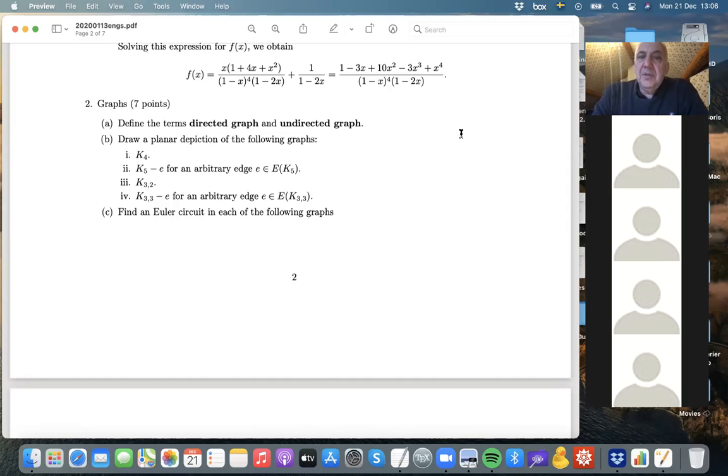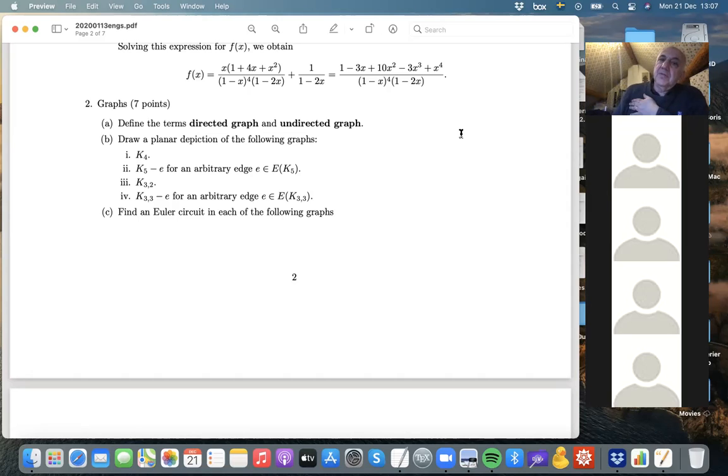So a directed graph is a set V and some subset of its Cartesian product, V times V. So a directed edge is a pair of vertices with an order, the first vertex and the second vertex. It's just a subset of the Cartesian product of V times V.